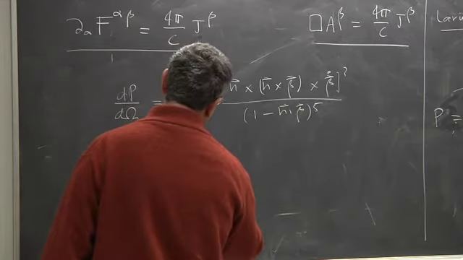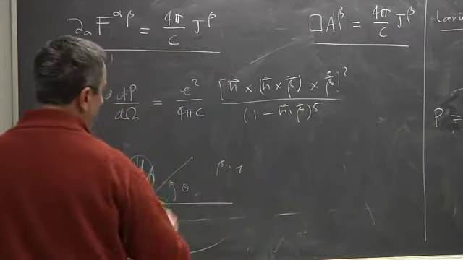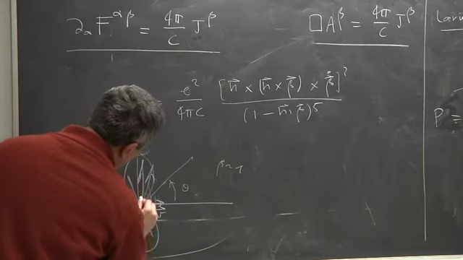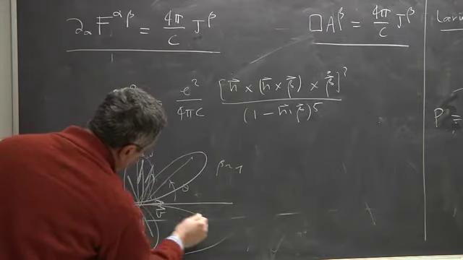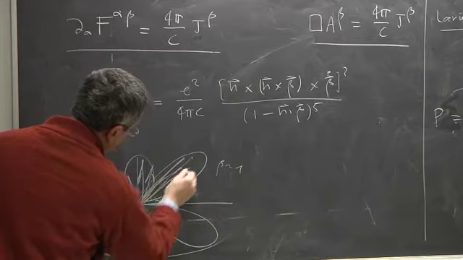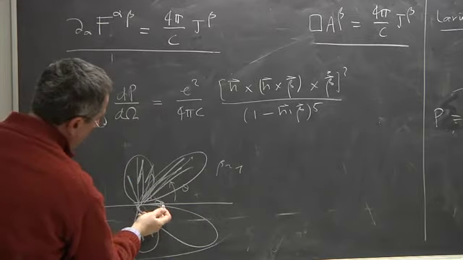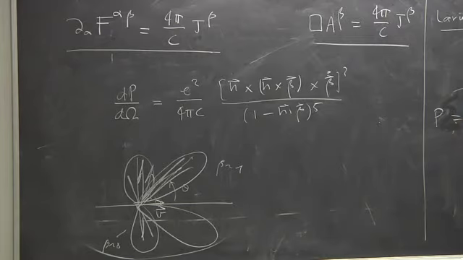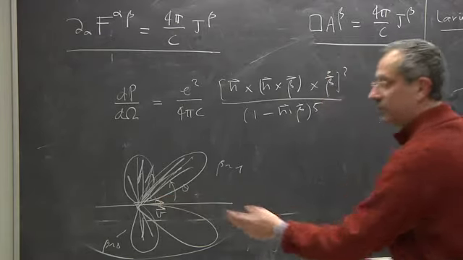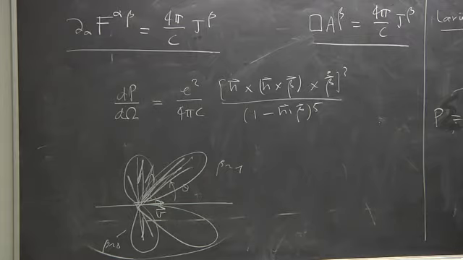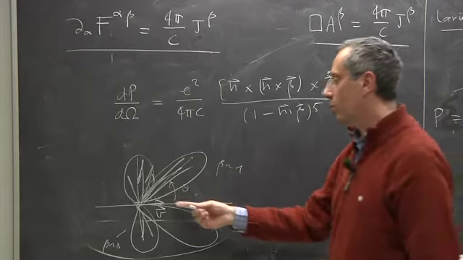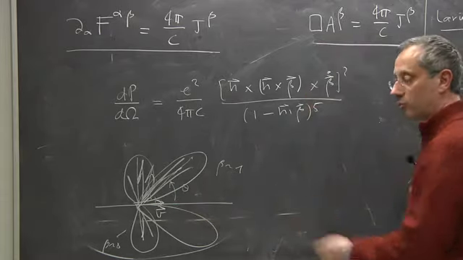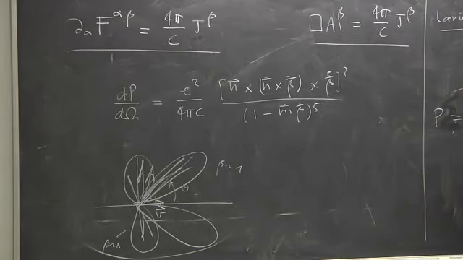But for beta coming close to the speed of light, beta close to 1, these two go down. They go like this. So they tend to close toward the direction of the motion of your electron. So this is the synchrotron radiation of this electron, and it tends to come close to the direction of motion as you come close to the speed of light.